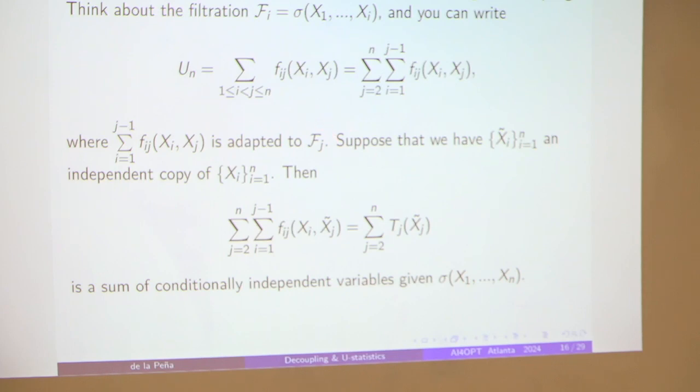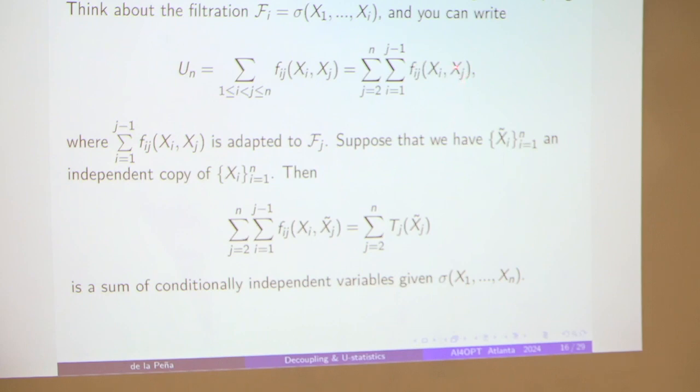So what we do is the same trick as before. As in the stopping times problem, we take an independent copy, which we call x_i tilde. They don't have to be IID, they just have to be independent. Then you can rewrite this sum in this way: the sum over i going from 1 up to j minus 1, j going from 2 up to n, of f_ij(xi, xj).